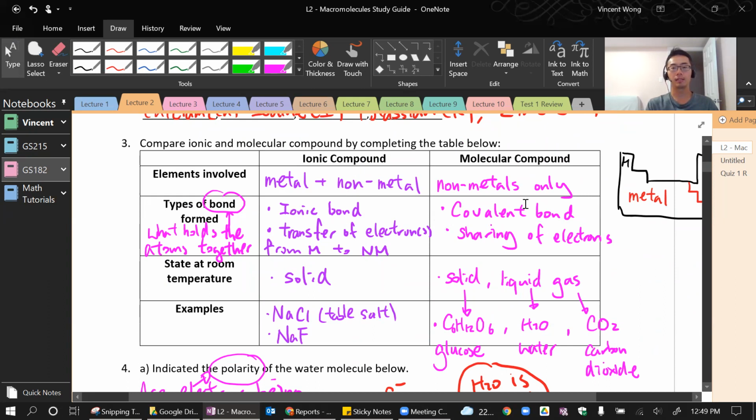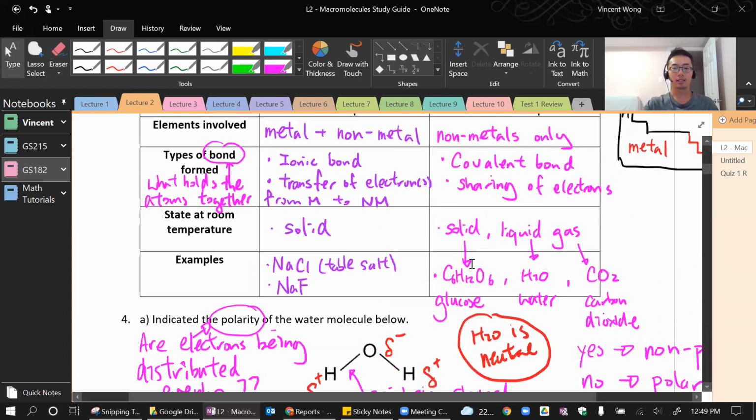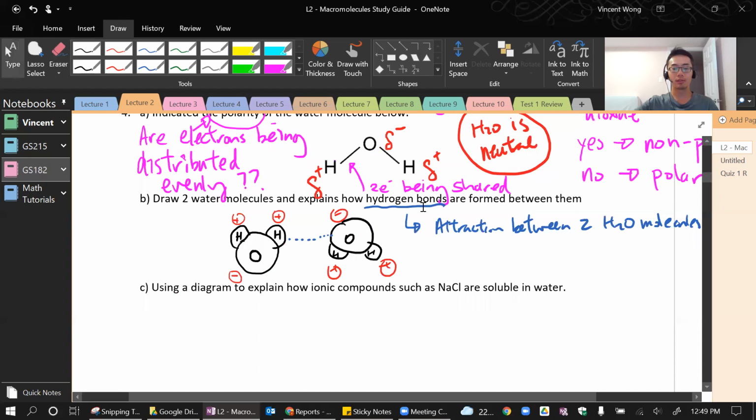Ionic and covalent is what's holding atoms together inside a molecule. Like in the H2O, this here is a covalent bond, that's a covalent bond. It is within the molecule. Whereas a hydrogen bond is between two different molecules.